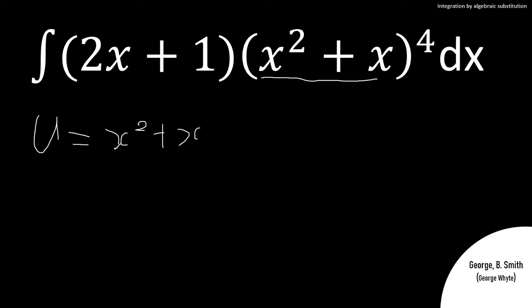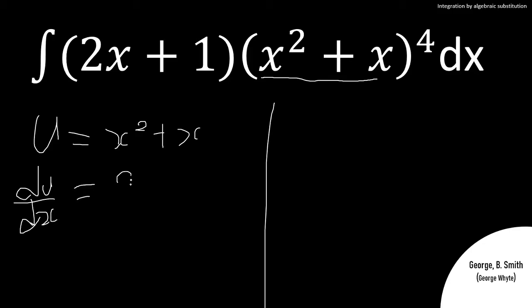Now since u is x squared plus x, what we need to do next, as usual, is differentiate u to see what we are going to get. So if I differentiate u with respect to x, what I should have for this is 2x, and this will give us the result as 1.